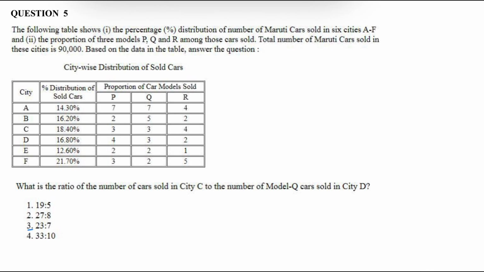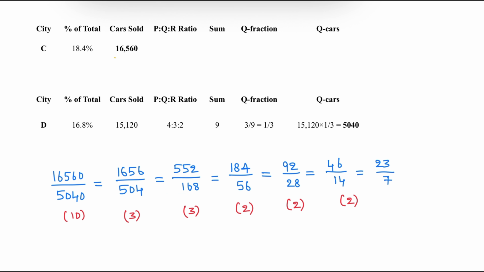Fifth question. What is the ratio of number of cars sold in city C to the number of model Q cars sold in city D? So total cars sold in city C to model Q cars sold in city D. So cars sold in city C is 18.4% of 90,000, that is 16,560 cars. Next is we need to find model Q cars sold in city D. So total percentage of cars is 16.8%.